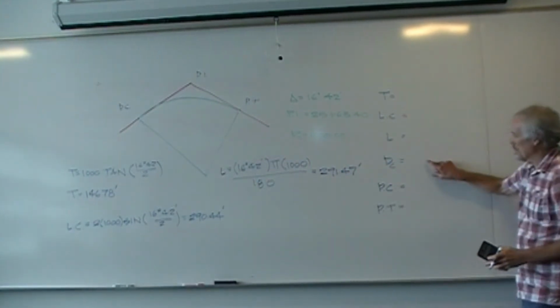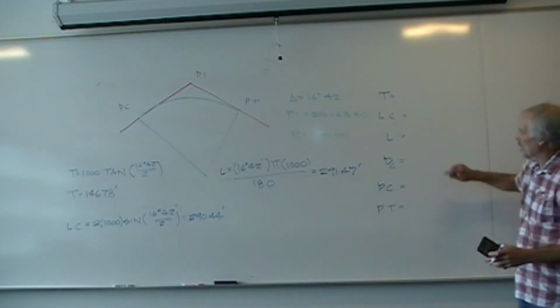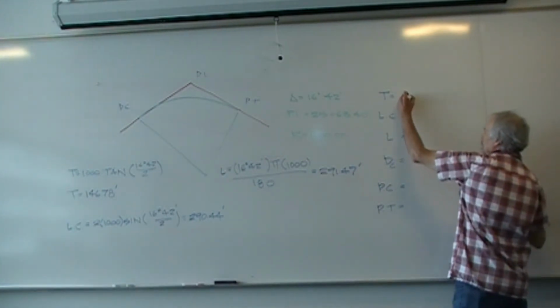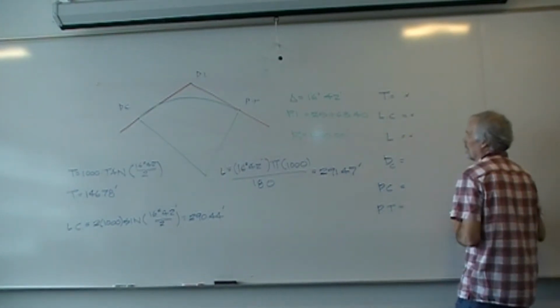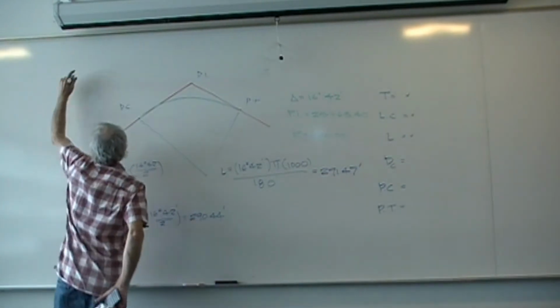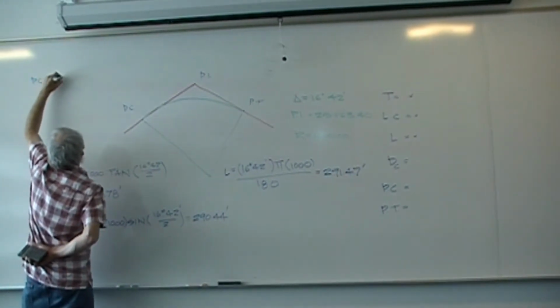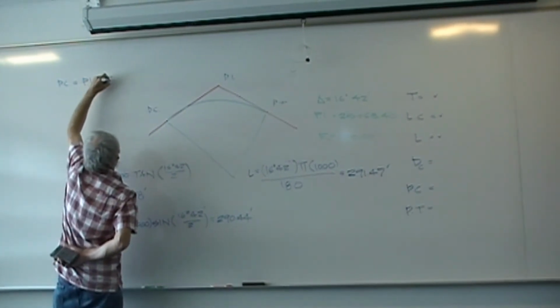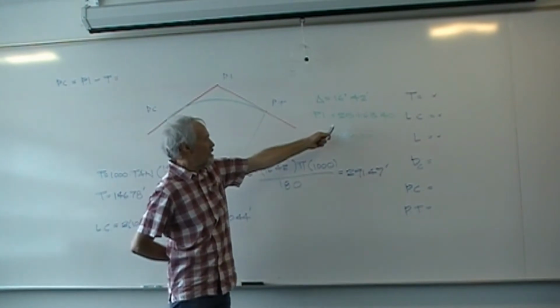Now, once we get degree of curve, we can do that with degree of curve. I'll show you that in a minute. So we have everything we need right now. We have T, long chord, length of arc, we can now get PC. PC is referenced by your PI minus your T. So we're taking 25, 60, 340.